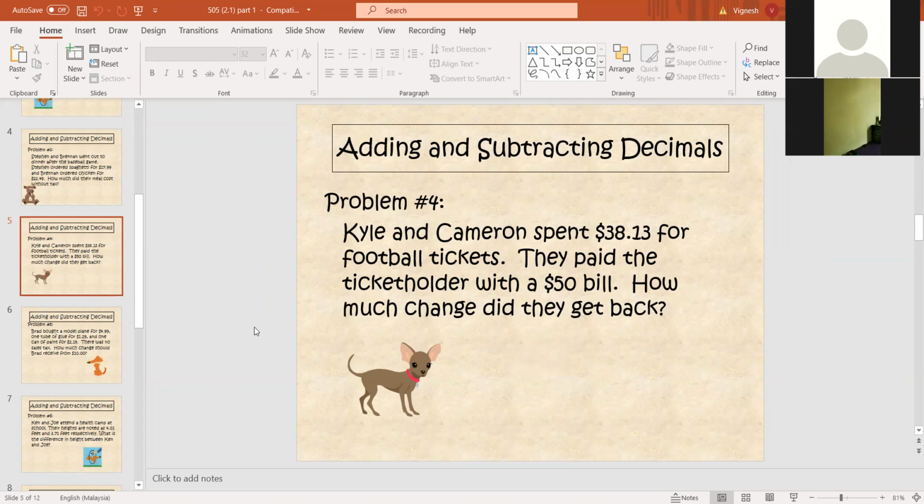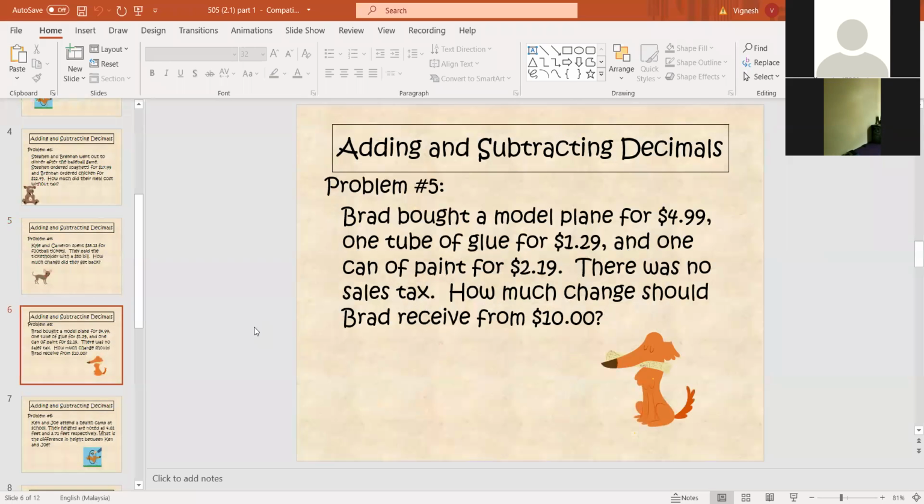Since Wei Feng was very excited just now to scribble the screen, Wei Feng, you may try problem 5. You read the question for me.